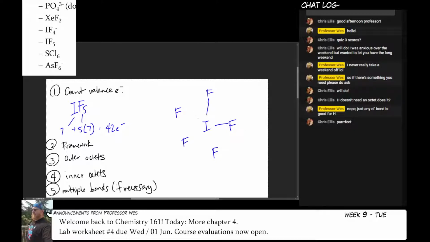So 2, 4, 6, 8, 10 electrons for bonding. 2, 4, 6, 8, 10, 12, 14, 16, 18, 20, 22, 24, 26, 28, 30. Where do the last 2 go? They go on the central atom. There you go. Notice how we're never really going to end up with multiple bonds for these, because I have extra electrons. They just get dropped on the central atom. It's fine.